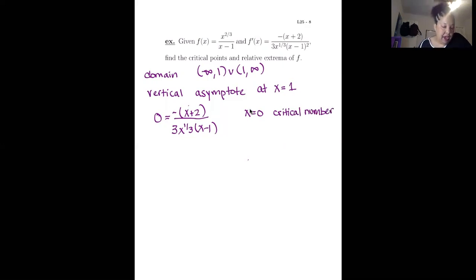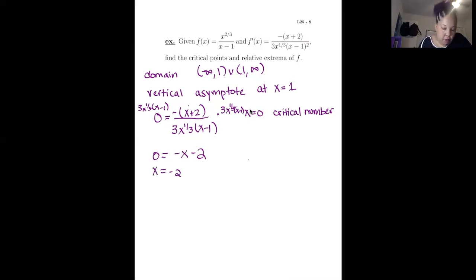All right, now if I multiply both sides by the common denominator, I get 0 equals negative x minus 2. So I get x equals negative 2.